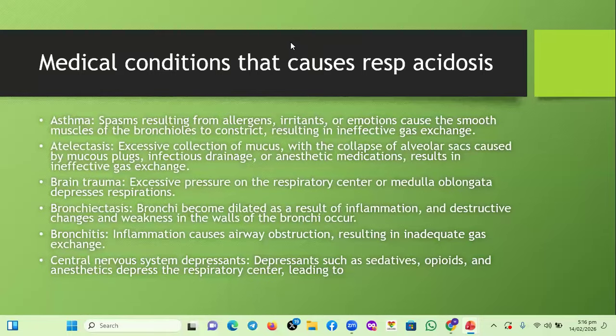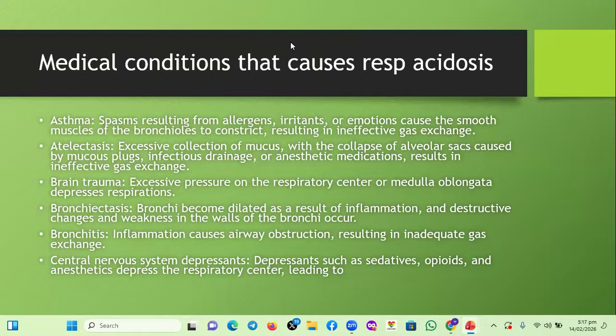We know atelectasis is the same as lung collapse. When the lungs collapse, or the alveolar sacs collapse, the alveoli is where gaseous exchange actually takes place. So when the alveoli become collapsed, gaseous exchange cannot take place, and the individual retains more carbon dioxide.